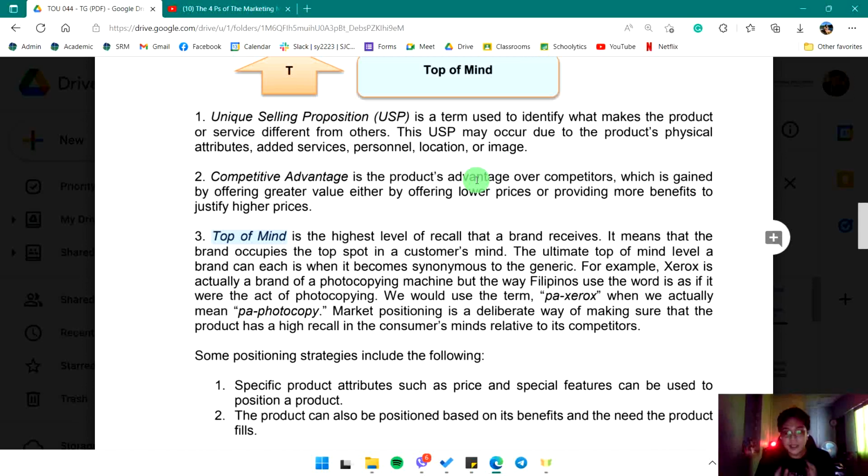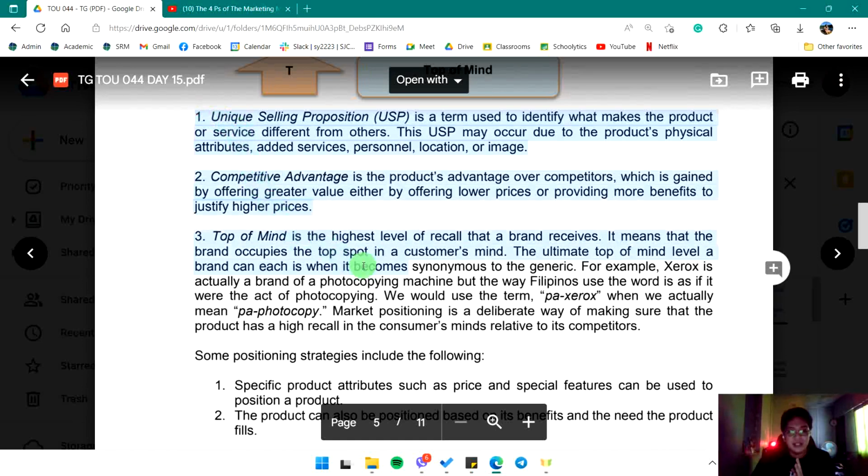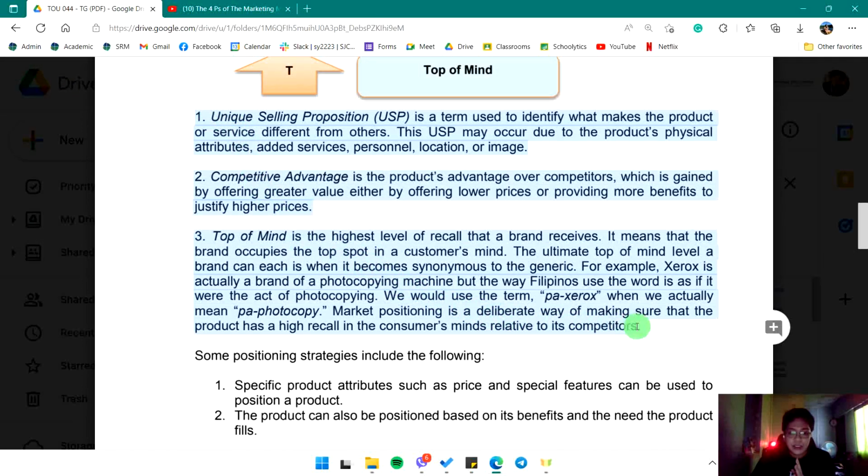So again, market positioning is kung ano ang tingin ng mga bibili ng produkto doon sa business natin. So ito po yung tatlong ito ang mga different strategies that you can do para makontrol natin kung ano yung position natin doon sa market, kung ano yung tingin ng market sa ating mga produkto.